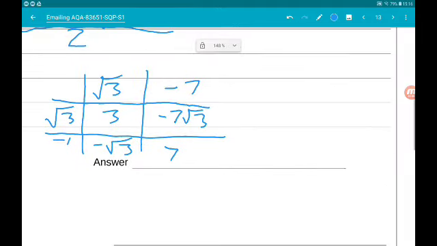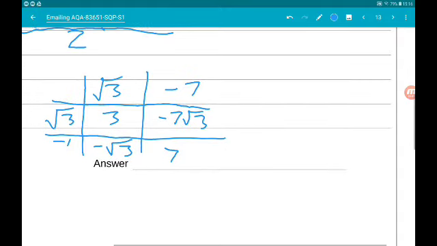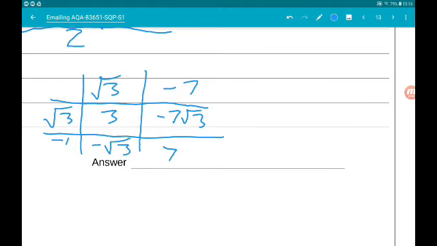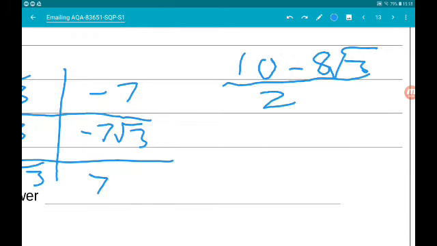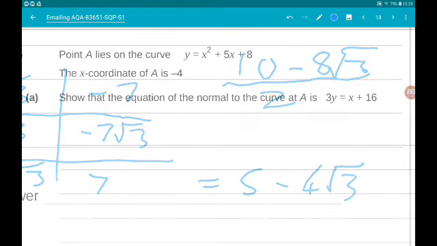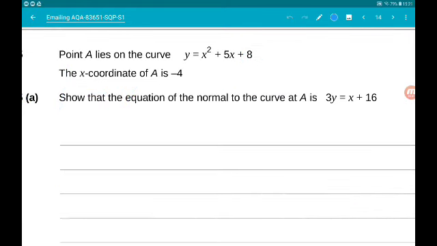So from that, we've now got 3 and 7, just 10, and then we got minus 7 root 3, minus 1 root 3, so that's minus 8 root 3 all over 2, so that gives us 5 minus 4 root 3. Cool.